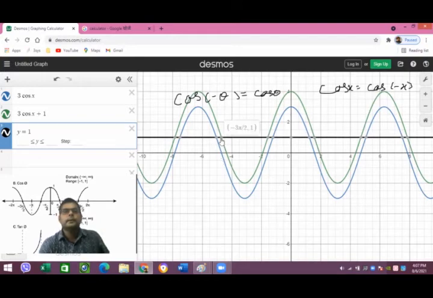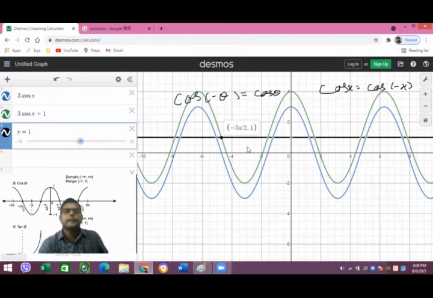So here, in order to find the amplitude, you can see that neither amplitude nor the period has been changed, because there is no change in the shape of the graph. Only this graph has been translated 1 step up in this case.